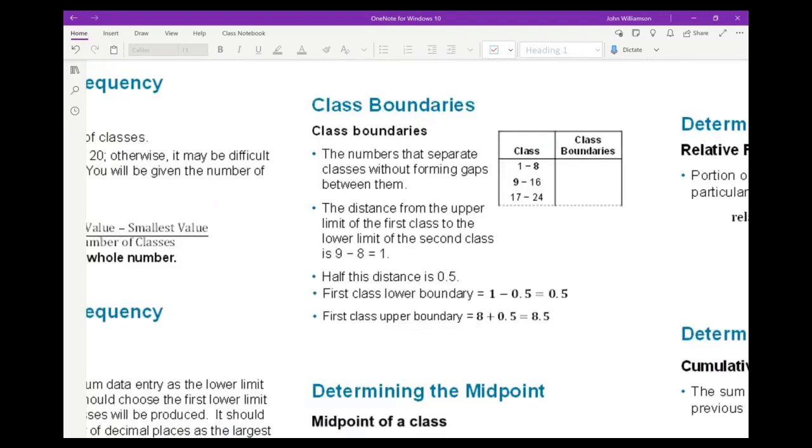So for us, it's always going to be your lower class boundary is the lower class limit minus 0.5. And the upper class boundary is always going to be the upper class limit plus 0.5. So we're always going to add or subtract 0.5 depending on if it's a lower or an upper boundary.